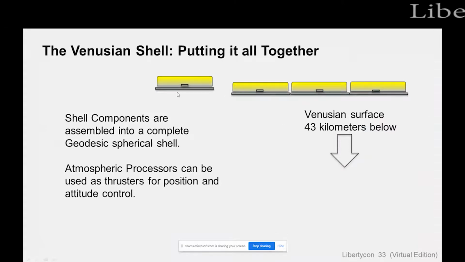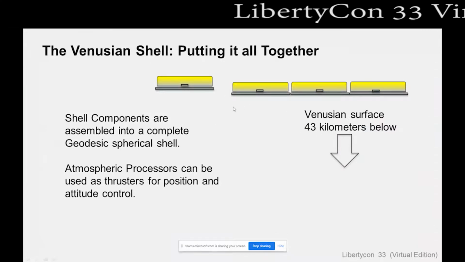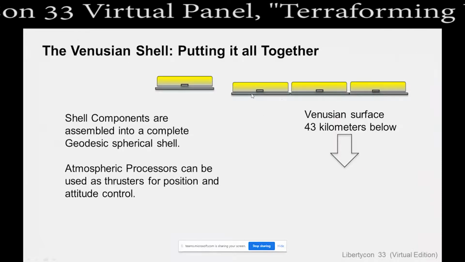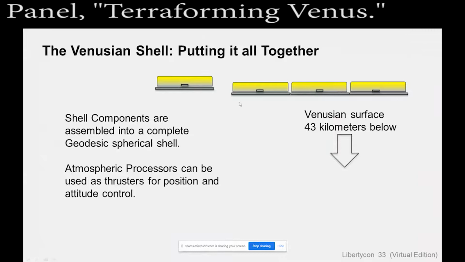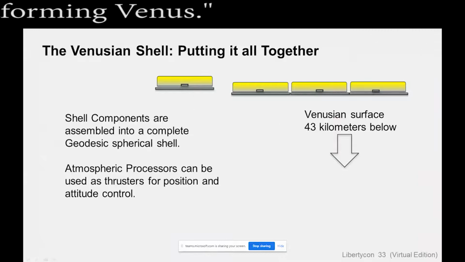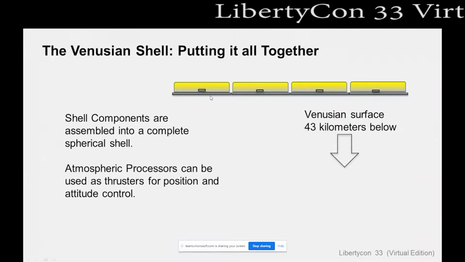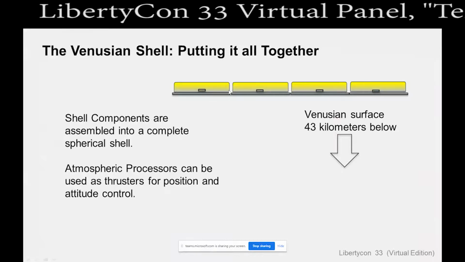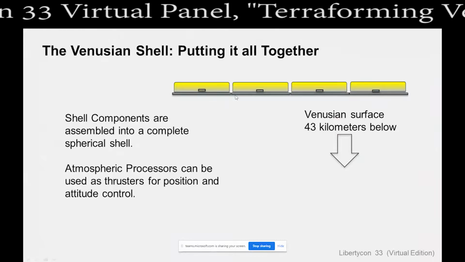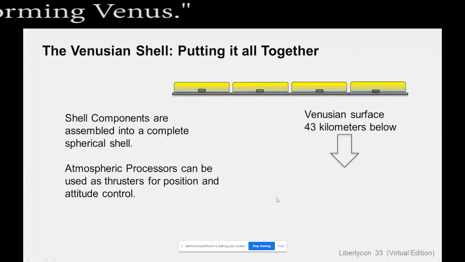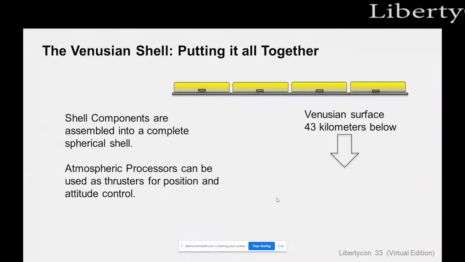Okay, so once we have these things floating around about 43 kilometers above the surface, they assemble themselves or are assembled into the shell. And we talked about atmospheric processors. Well, those are, among other things, very, very big fans. So that gives you some ability to maneuver. And so these things link up and eventually complete a geodesic sphere around Venus at the 43 kilometer altitude.